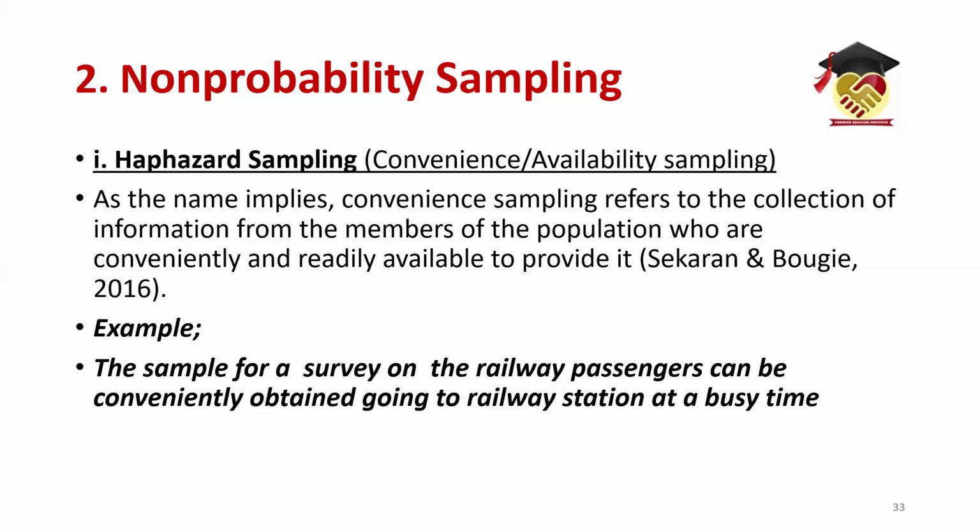For example, I want to do a research about the buying behavior of the customers of a Cargills. So I have a Cargills supermarket very close to my home. I am going there and collecting data from that Cargills. So I cannot generalize for the Cargills in Colombo, or Cargills in Galle.